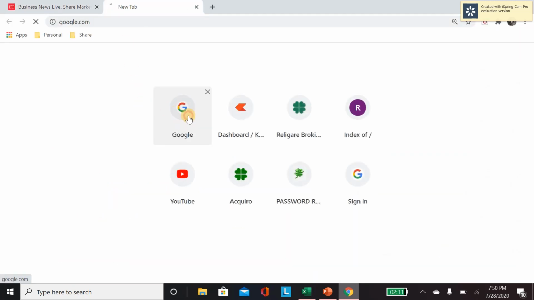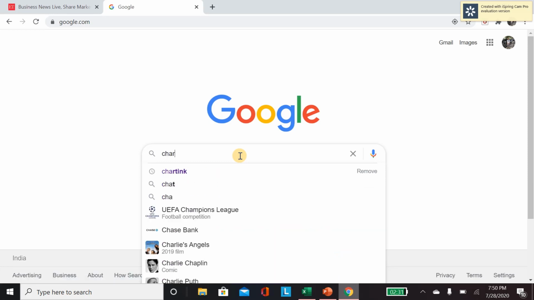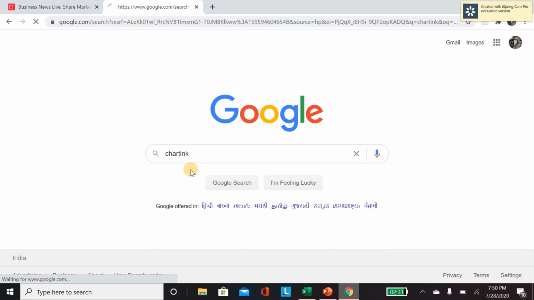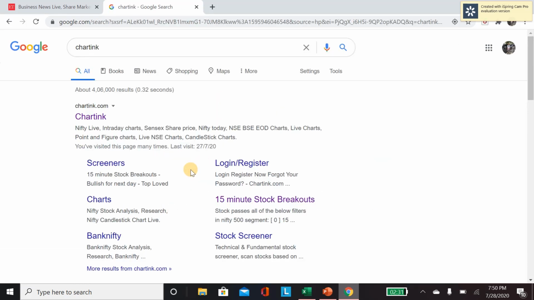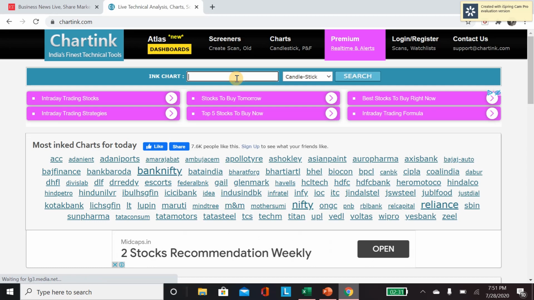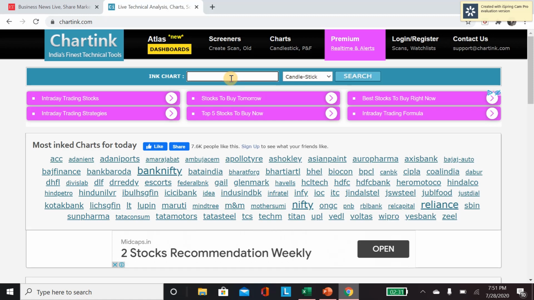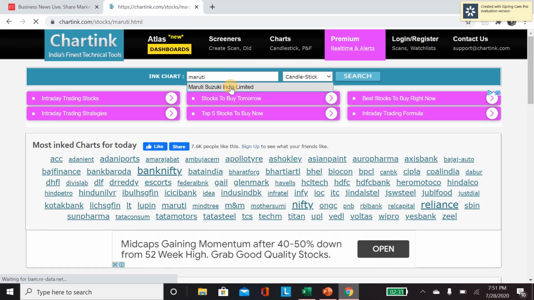For the chart, I am going to the Chartink site. In the Chartink site, let's take an example, randomly, Maruti, that is Maruti Suzuki India Limited.